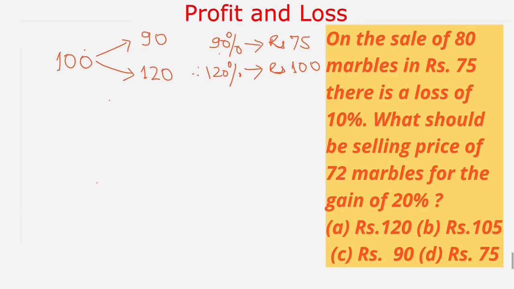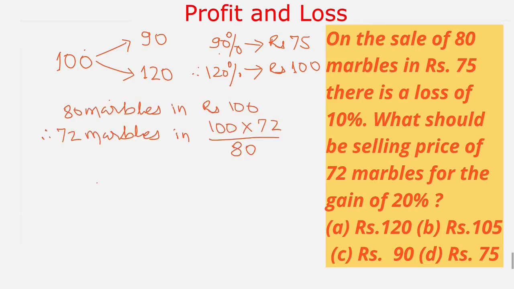Now, earlier we were selling 80 marbles in rupees 75 and we were incurring loss of 10%. Now for 20% profit, we should sell 80 marbles in rupees 100. Therefore, what should be the cost of 72 marbles? It is equal to 100 multiplied by 72 divided by 80. 20 divides 80 for 4 times and 100 for 5 times, and 4 divides 72 for 18 times.